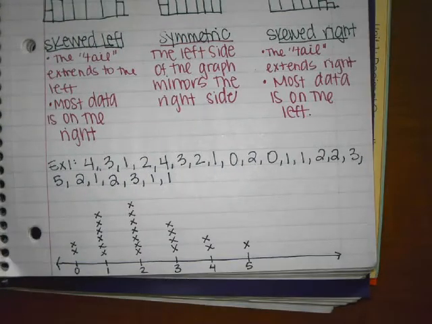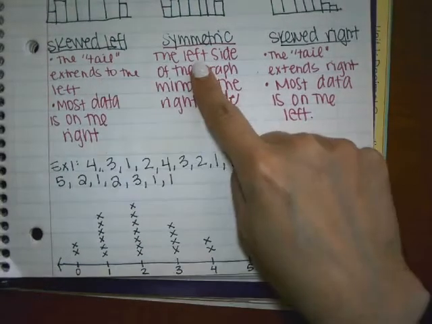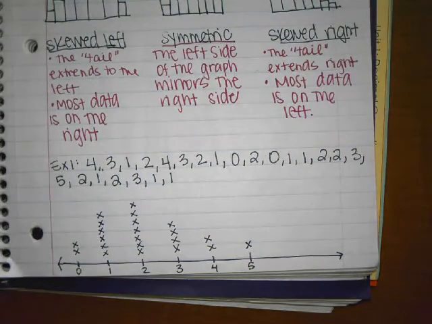Should look like mine. Are we good? Okay, now that you have graphed it, now I want you to whisper to your partner, do you think it is skewed left, symmetric, or skewed to the right? Just whisper it to your partner.